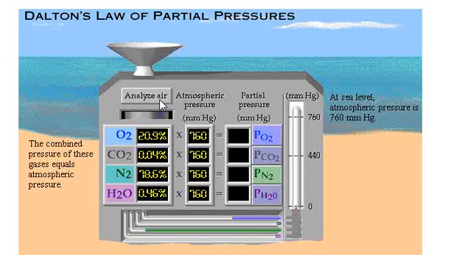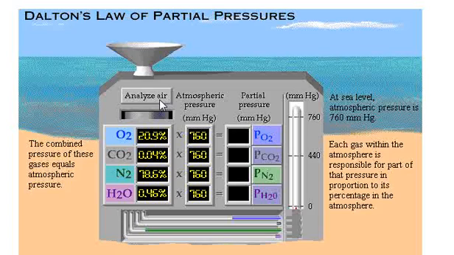At sea level, atmospheric pressure is 760 millimeters of mercury, which means that the atmosphere pushes a column of mercury to a height of 760 millimeters. Each gas within the atmosphere is responsible for part of that pressure in proportion to its percentage in the atmosphere. Let's look more closely at gas pressure. Click the oxygen button to calculate its pressure. Watch the total pressure rise in the pressure gauge to the right.